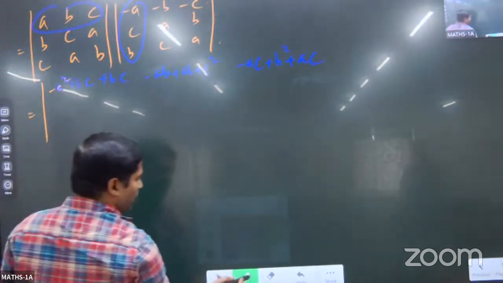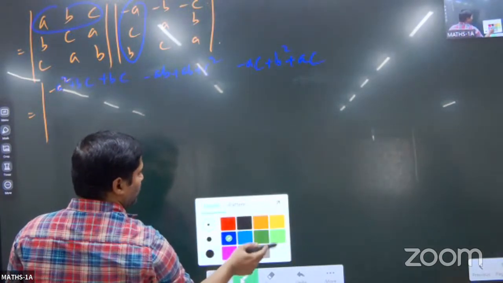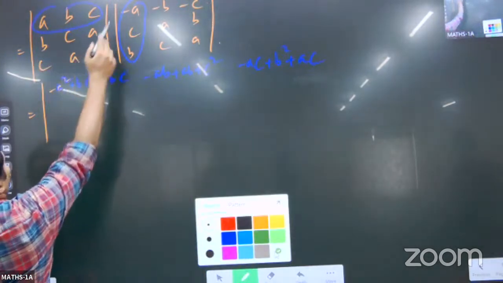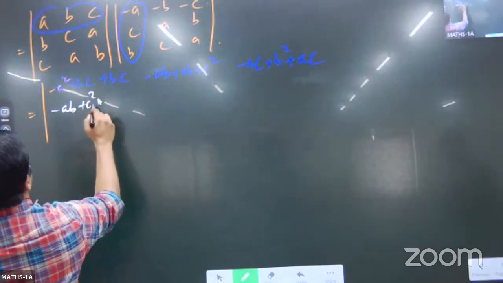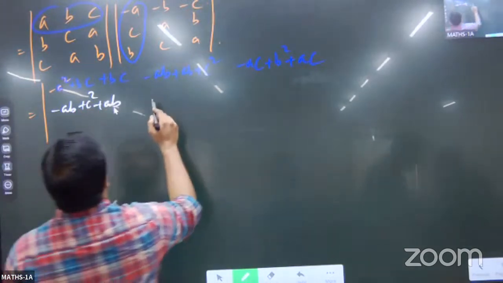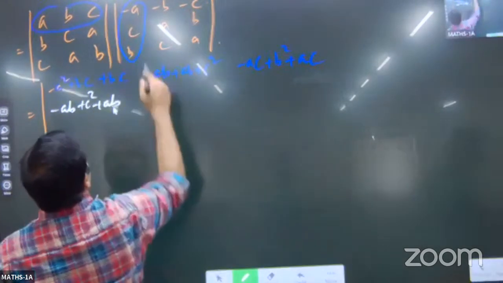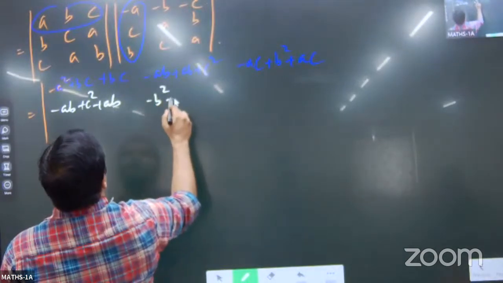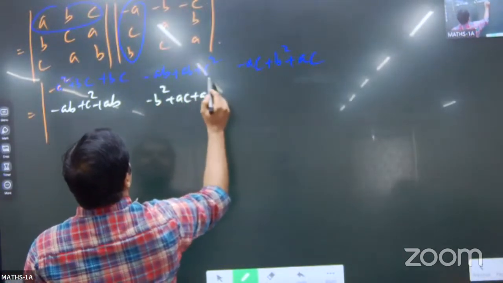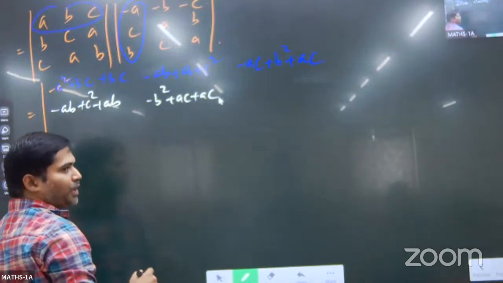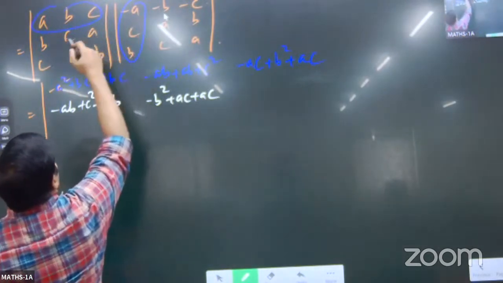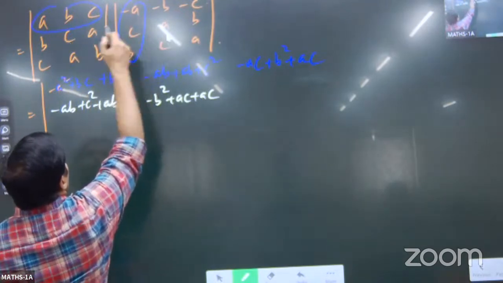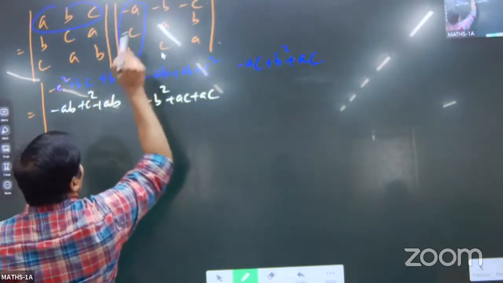Now, the second row. Second row with first column, what is that? Minus AB plus C square plus AB. Next, second row with second column: minus B square plus AC plus AC. Just multiply the corresponding positions: B into minus B, second position to second position, third position to third position.